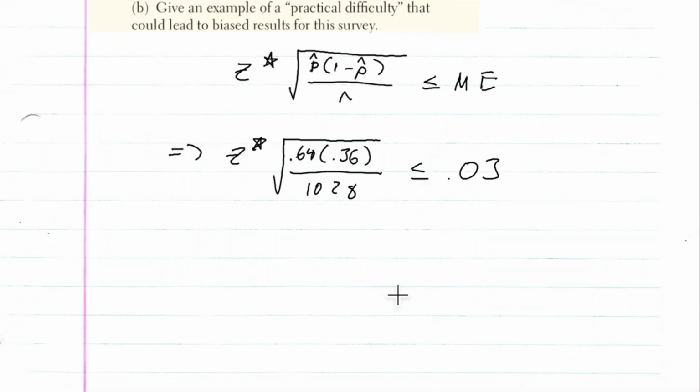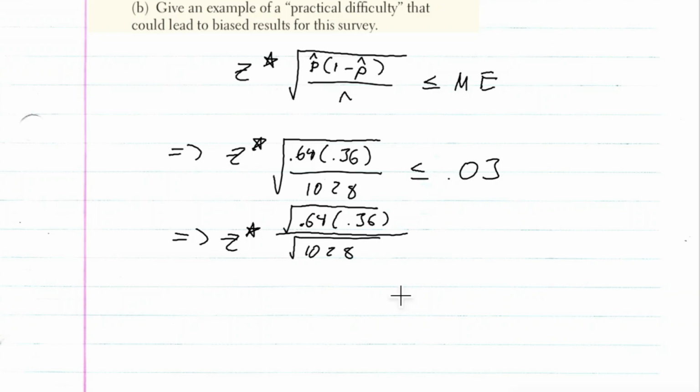So we can do some basic algebra here. Since this is the radical of a fraction, I can do z star times the square root of 0.64 times 0.36 over the square root of 1028 is less than or equal to 0.03.